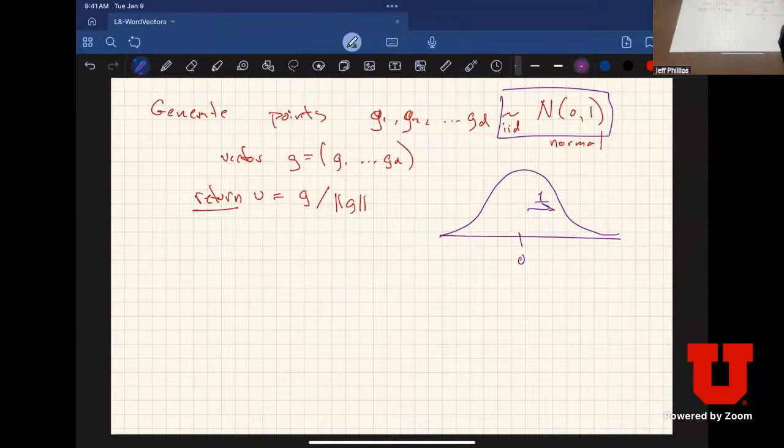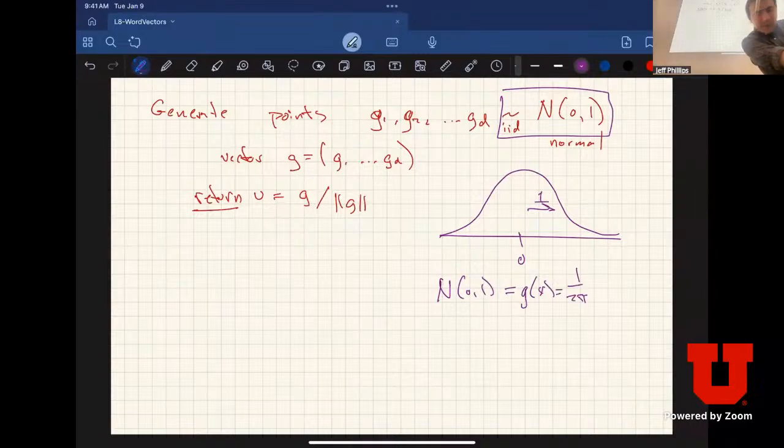The normal 0,1 is going to be G of X, where G of X is 1 over the square root of 2 pi, times e to the negative X squared divided by 2. Okay, so this is the normal distribution, and I need to somehow sample from this.